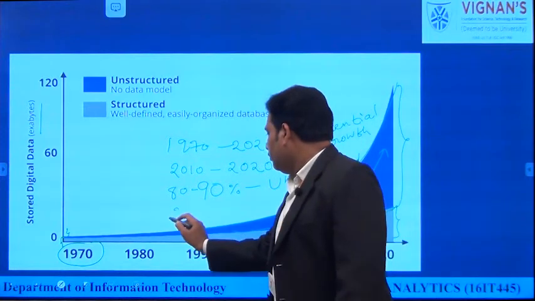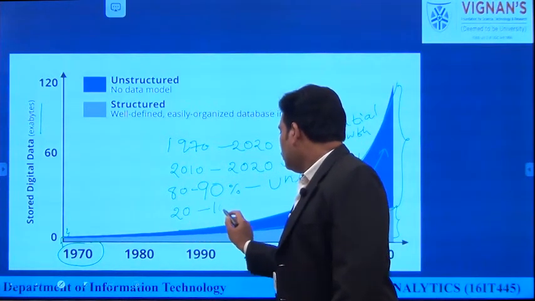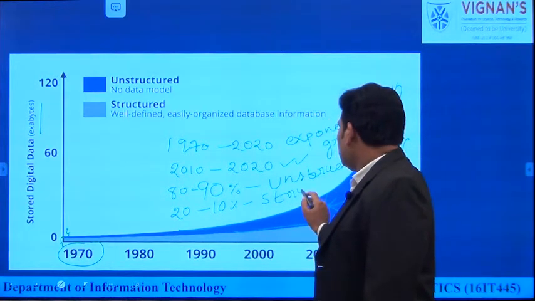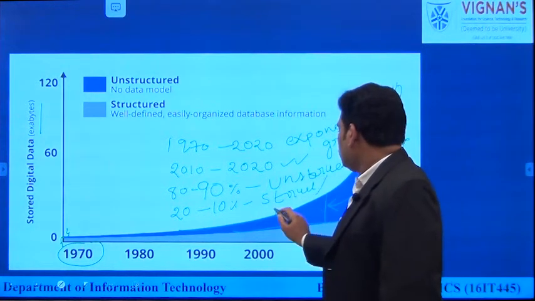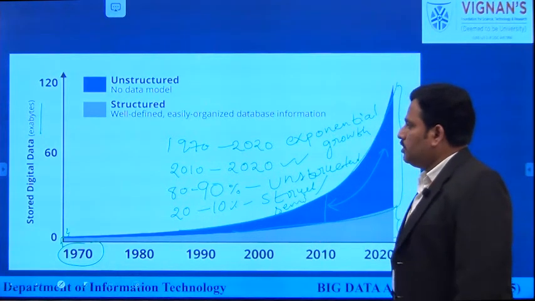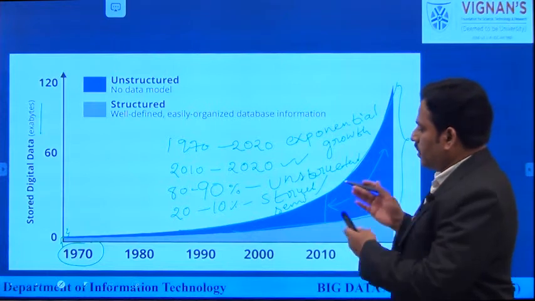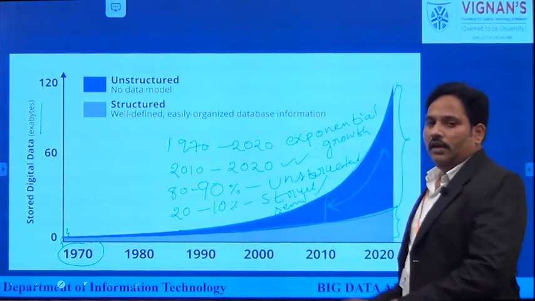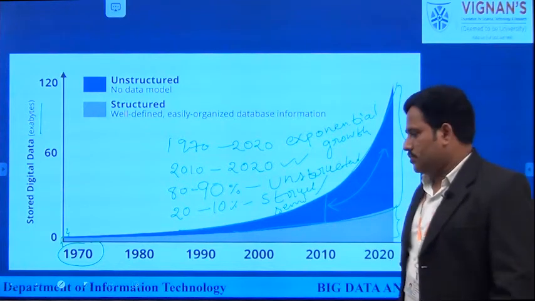The remaining 20 to 10% is either structured or semi-structured. This graph shows how unstructured data is getting generated in our daily life or in real-time applications.